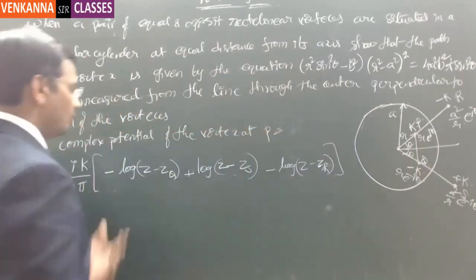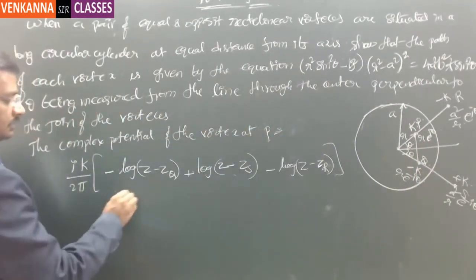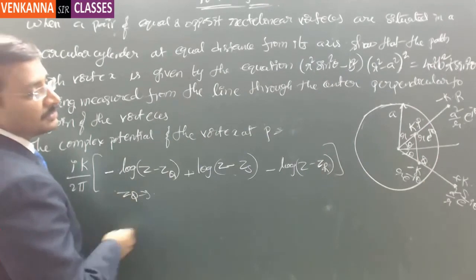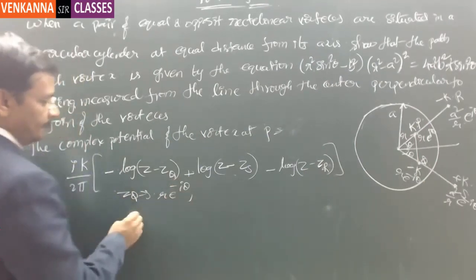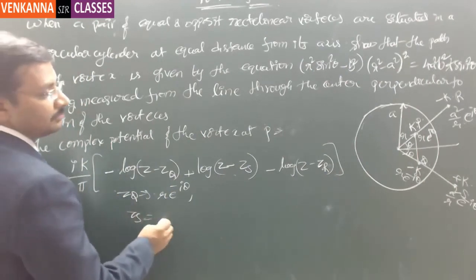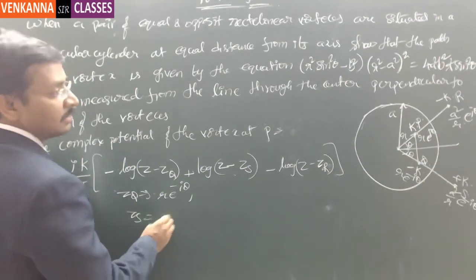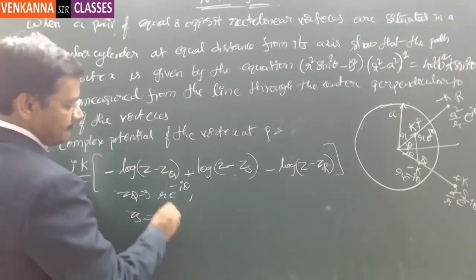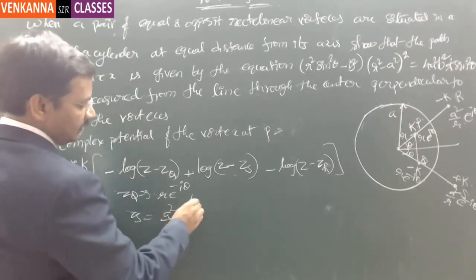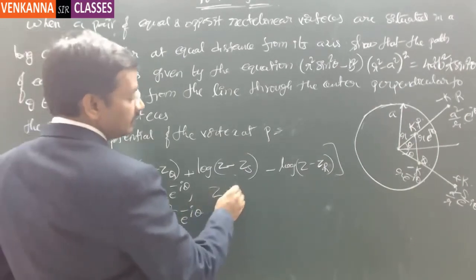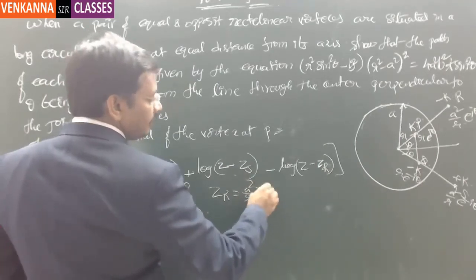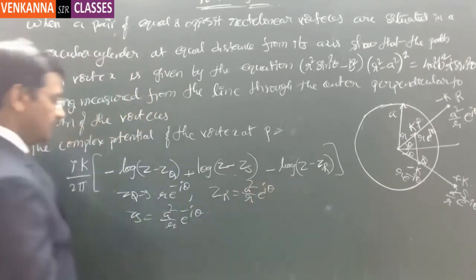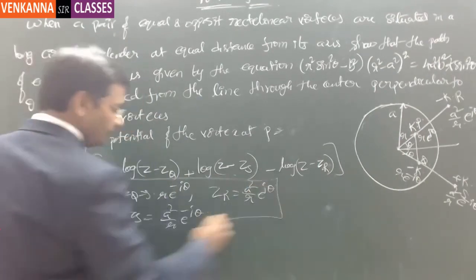Now you can notice that Z_Q is r e power minus i theta, and then Z_S is a square by r e power minus i theta, and Z_R is a square by r times e power i theta. So these are the locations we are trying to consider.